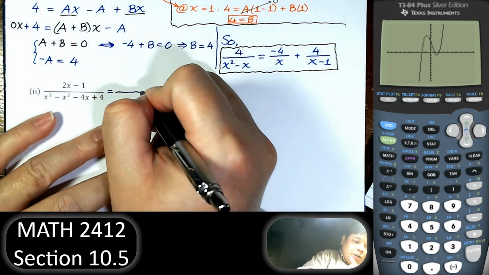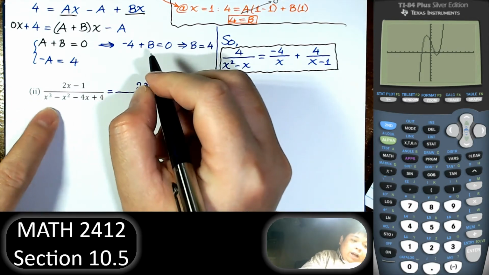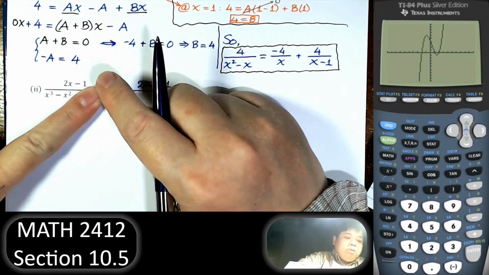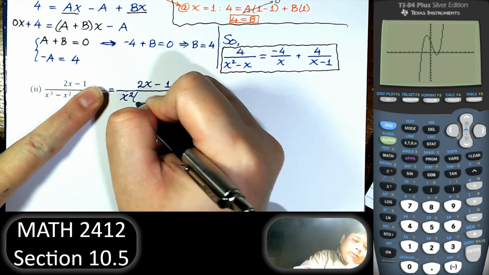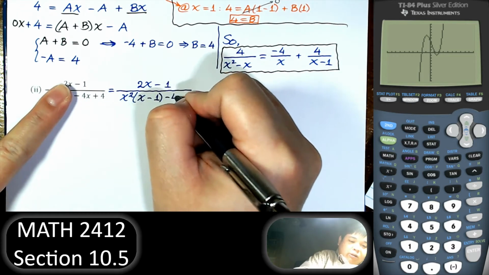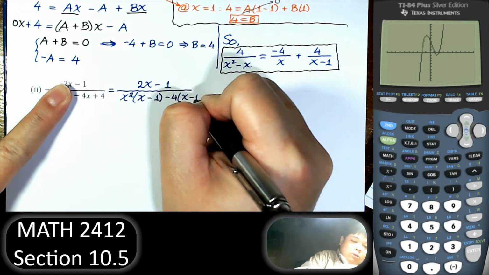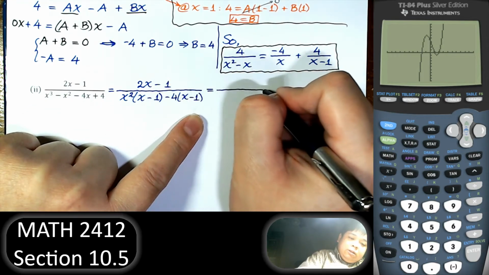What I do here is I just want to factor by grouping. x cubed and x squared, just group the first two. We have x squared times x minus 1, and then minus 4 times x minus 1. Now both of them have x minus 1.